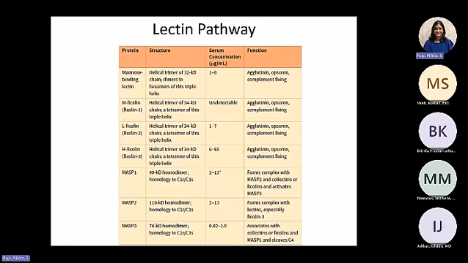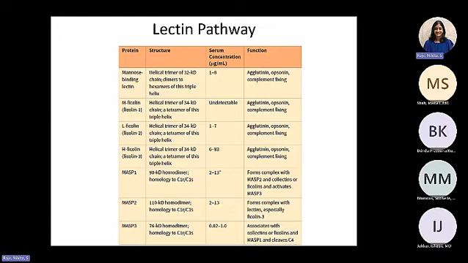The third pathway is the lectin pathway. Here the mannose is the sugar that lectin is targeting. So mannose binding lectin is your major protein that we are talking about in this pathway.